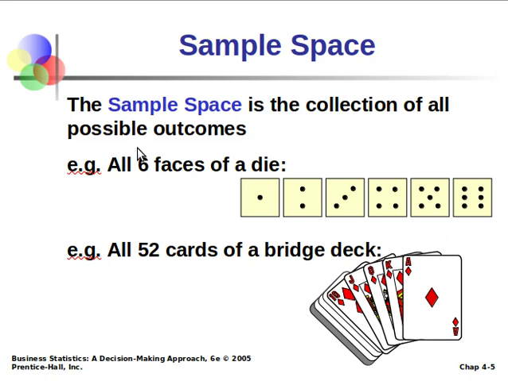Here, the sample space is the collection of all possible outcomes. Example of this would be all 6 faces of a die, or 6 sides of a dice, what we call sa Bisaya dice.